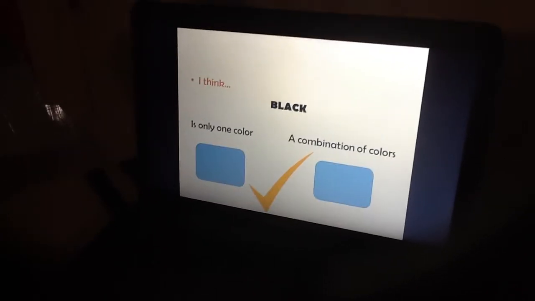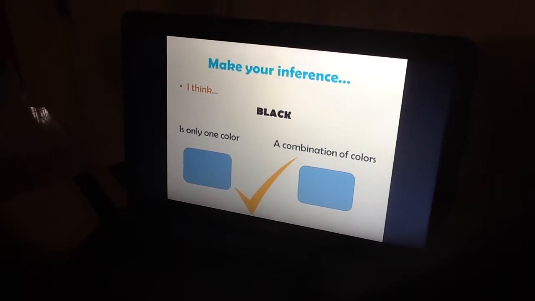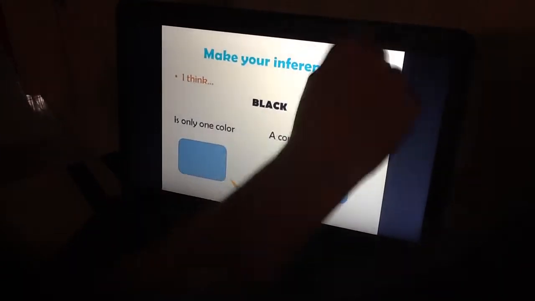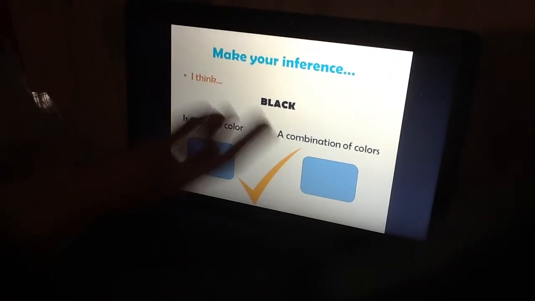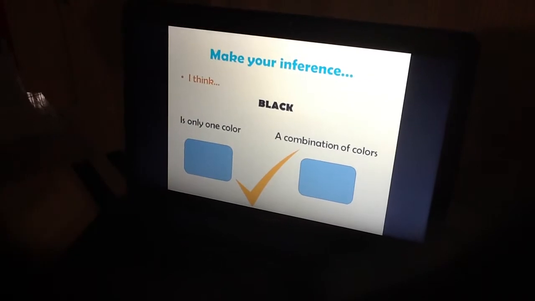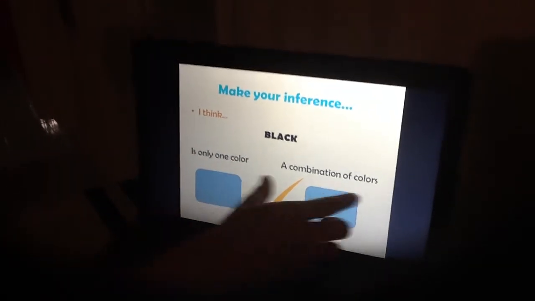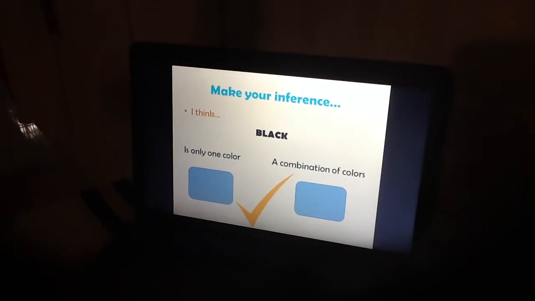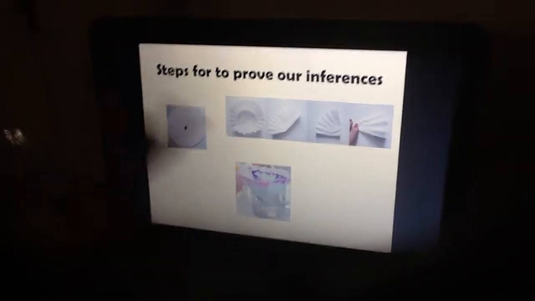Now, before we start, you're going to make the inference, and here I have two boxes. You're going to put a check mark in the inference of your choice. So do you think black, remember the key phrase, is only one color or a combination? What's your best guess?